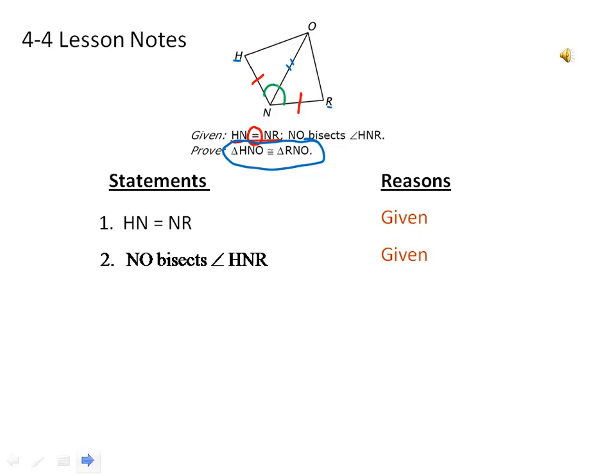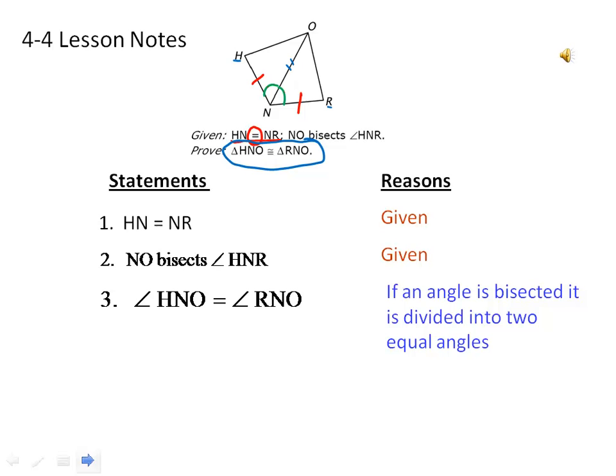Now I have to follow that up with the fact that these angles I've marked in green here are equal because the bisector splits it into two equal angles. So I have angle HNO equals angle RNO because if an angle is bisected, it is divided into two equal angles.